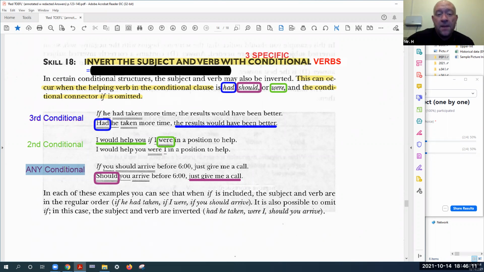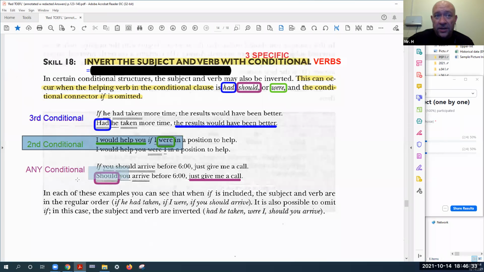But the key here is in the third conditional, only this verb can be inverted. And in the second, only this one can invert in the second conditional.